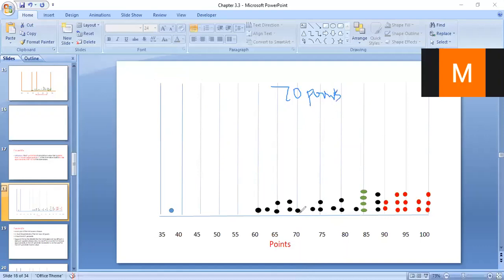You count from here: 1, 2, 3, 4, 5, 6, 7, 8. You have 8 scores, and you have a total of 35. So you get 8 divided by 35.